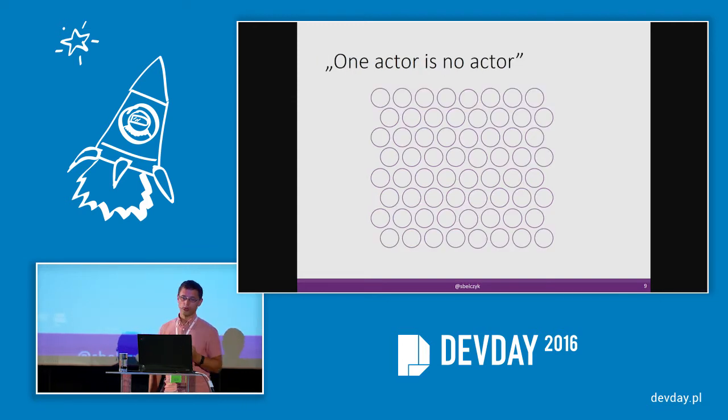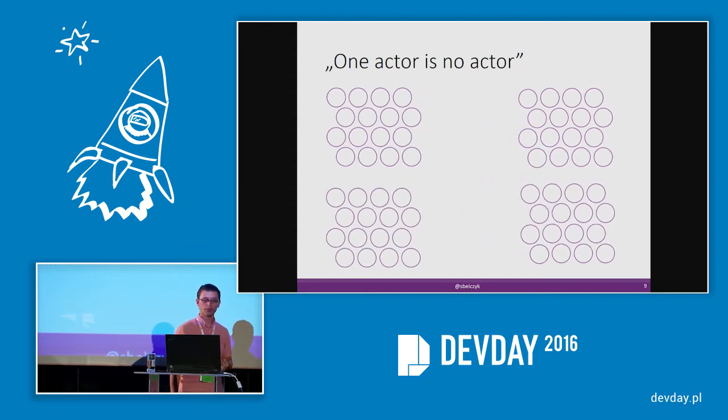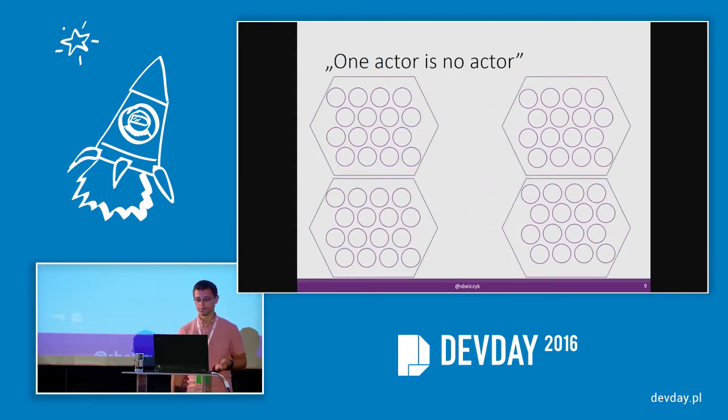Obviously, one actor is no actor. It would be a very bizarre system which is composed of only one actor. So they come in systems. And at some point, you won't be able to put all these actors on one machine. There will be too many of them. So what we do, we distribute them and put them on multiple machines.